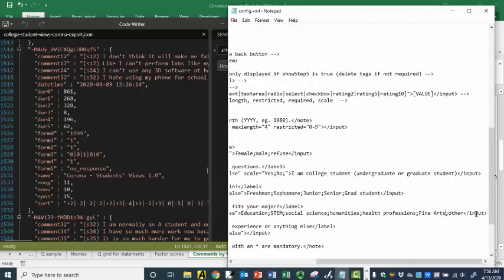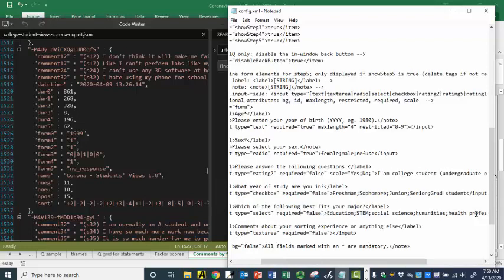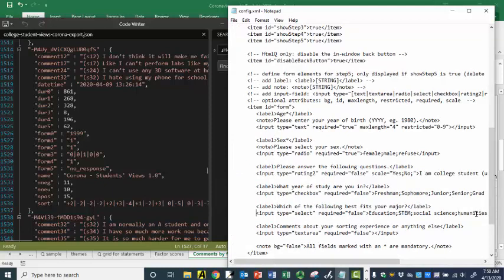And I have a number of 6s. I think they're actually health professions people, but I'm not 100% sure. They could be just people who don't identify their major within any of these categories.